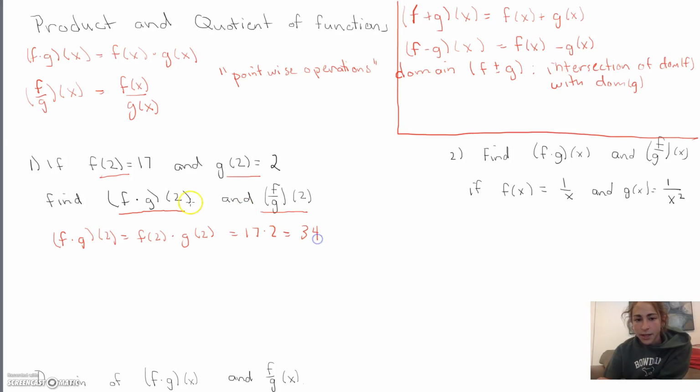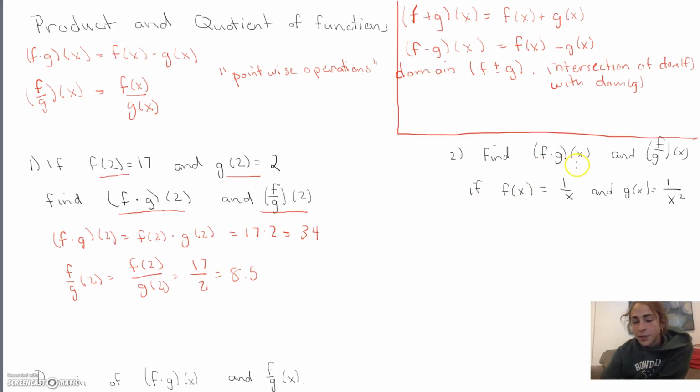And that's 34. So all I need to know is what the value of f is at 2, what the value of g is at 2, and that tells me what the value of f times g at 2 is. Similarly, to find f over g at 2, I just do f of 2 divided by g of 2, and that's 17 divided by 2, which is 8.5.